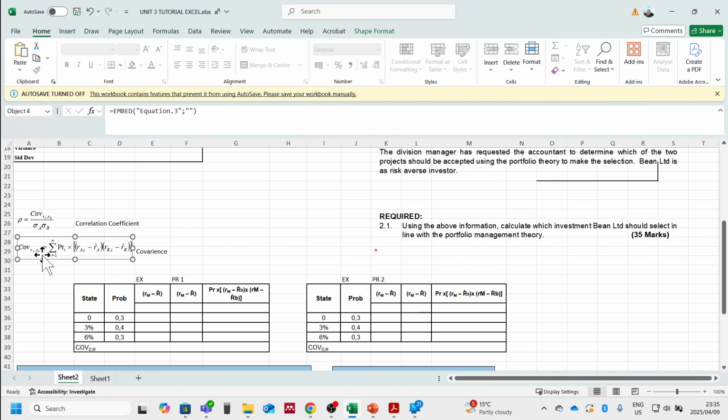Here the correlation coefficient becomes the substitute for the covariance. If you notice this formula, to calculate the correlation coefficient you need the covariance of the two assets divided by the two assets' standard deviations multiplied by each other. So we can reverse this formula by saying that the covariance is equal to the correlation coefficient multiplied by the standard deviations.